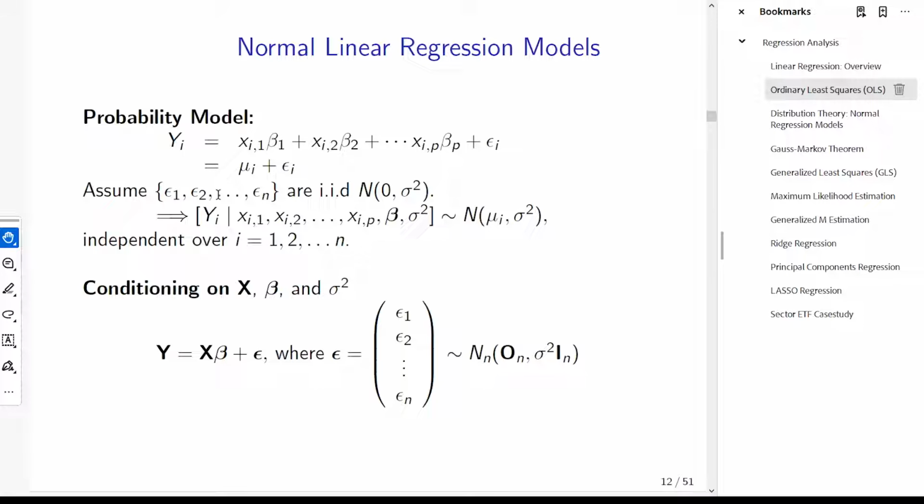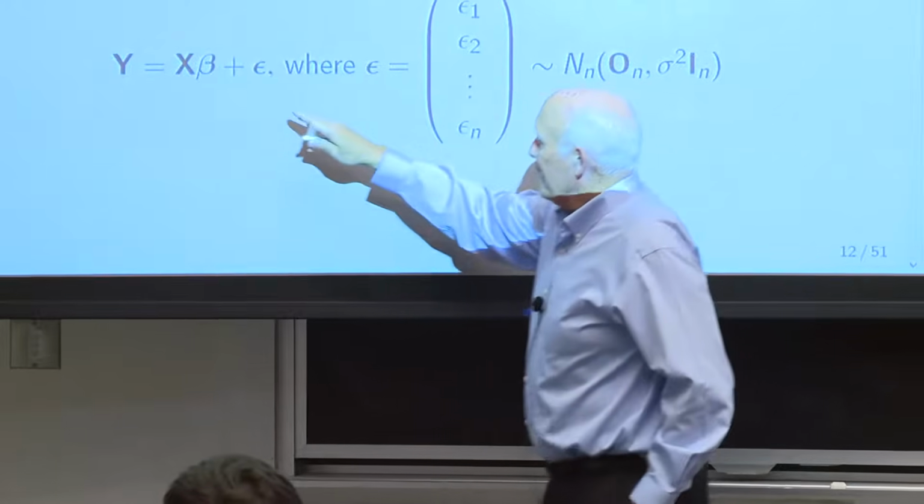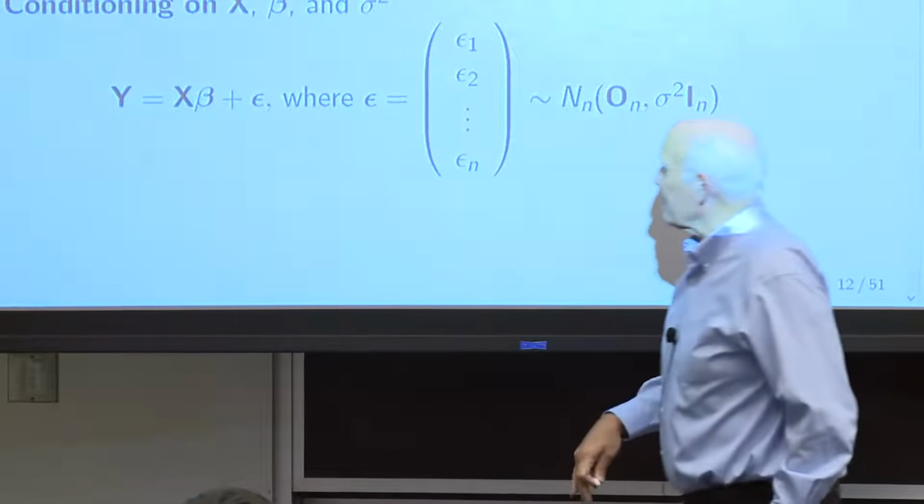And so this is a normal linear regression model. When we write out the model equation here, the model equation basically is constants plus the error vector.